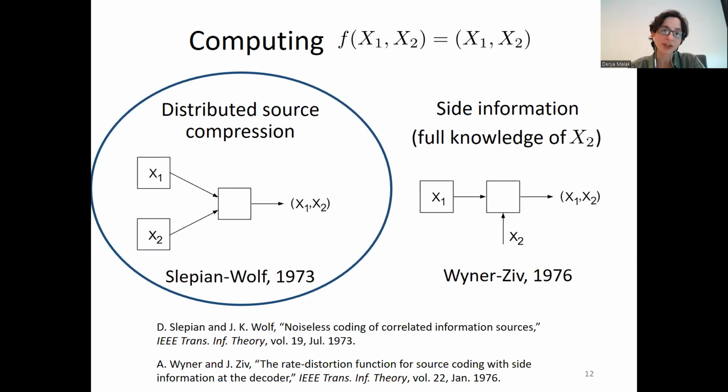And the variation of this problem is also known as the side information problem, where the destination again wants to recover the two variables jointly, but one of them is available as side information. But our setting is more similar to the first one. That's the one that I want to describe quickly.